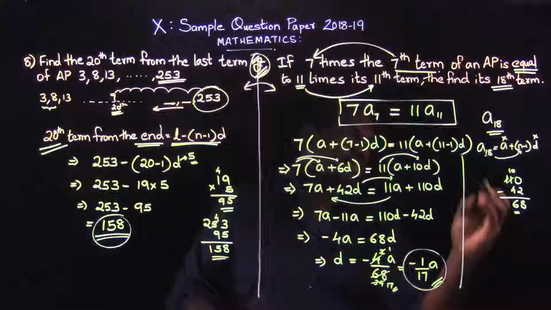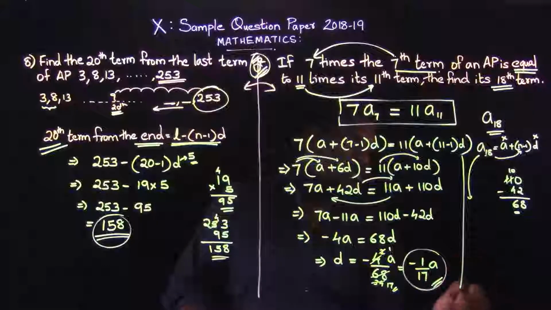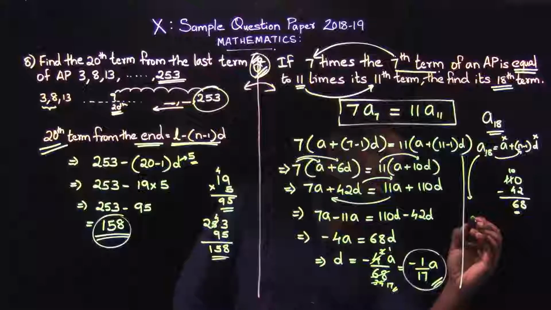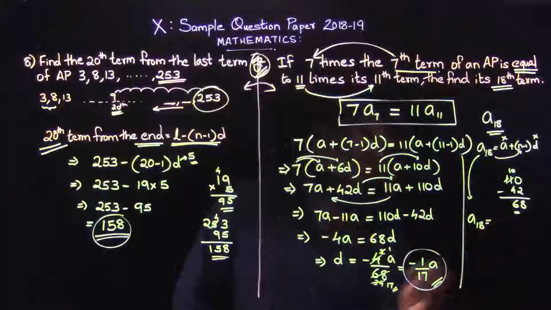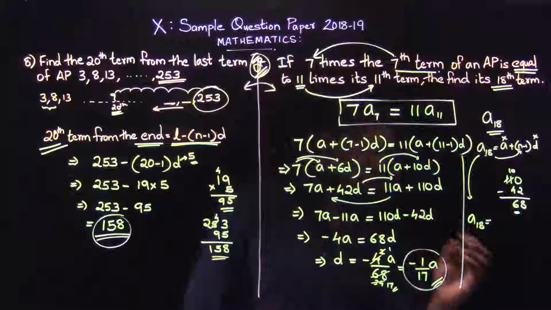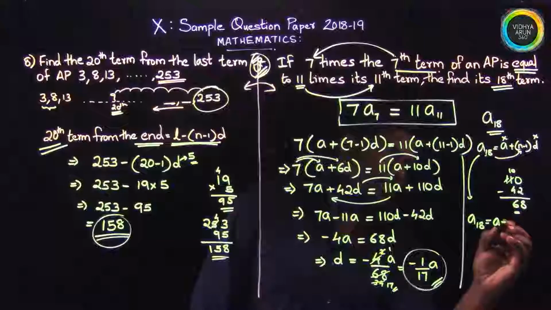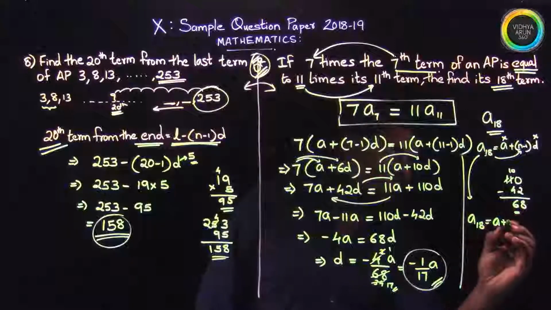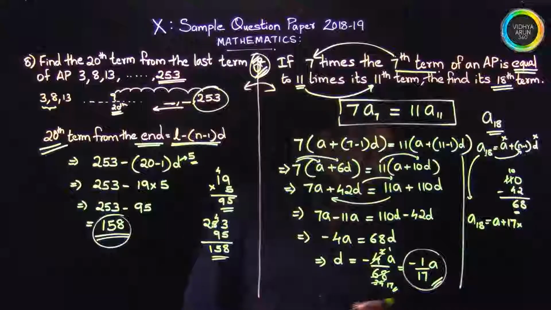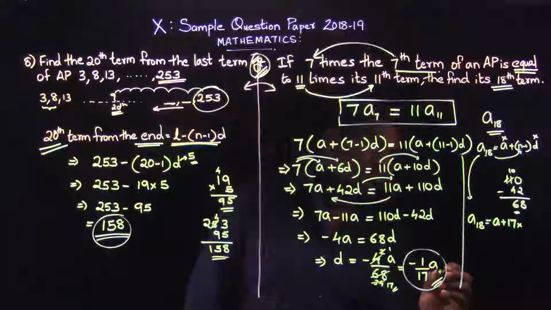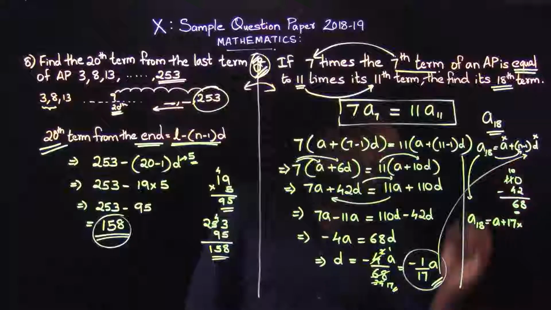Now the thing which we already started and thought about, we'll finish off here. The 18th term is what you are supposed to find. I'm keeping it as a, plus n minus 1 is going to be your 18th term, right? So 17 into the term d, I'm going to substitute in the place of d.